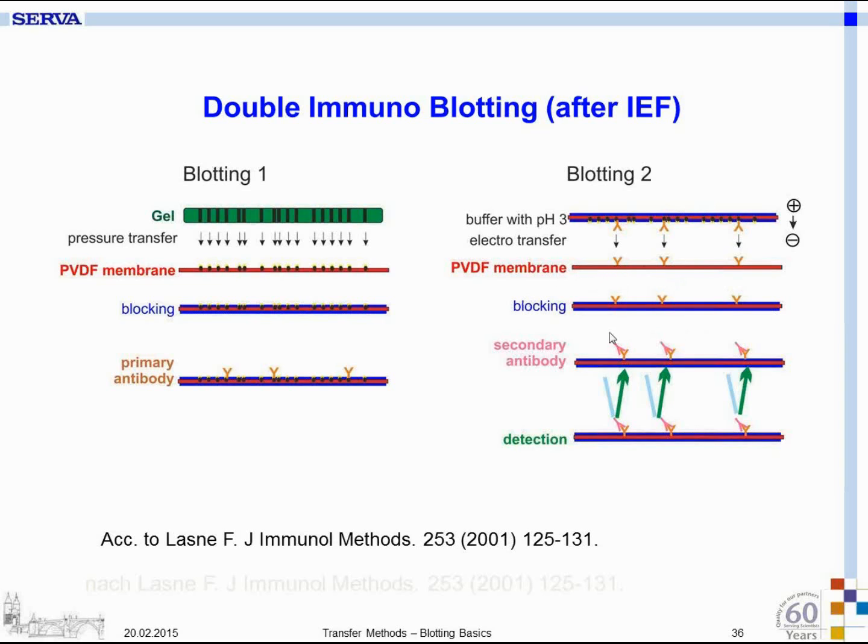Then you perform another blocking procedure. Now you have the secondary antibodies connected to chemiluminescence reactions, and now you can detect the bands with very high specificity and very high sensitivity.